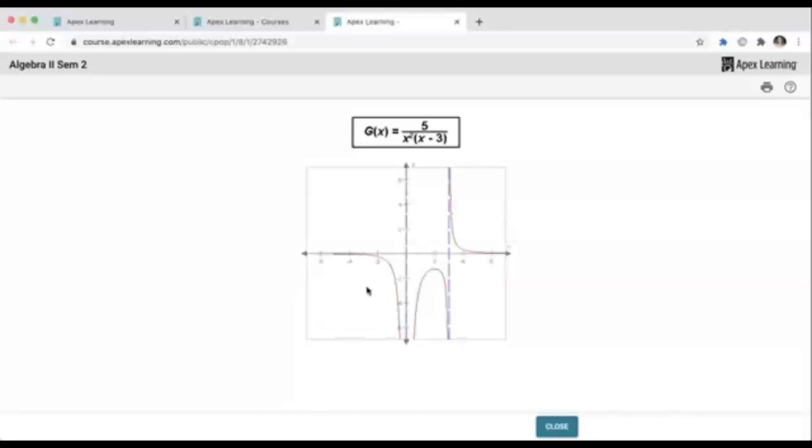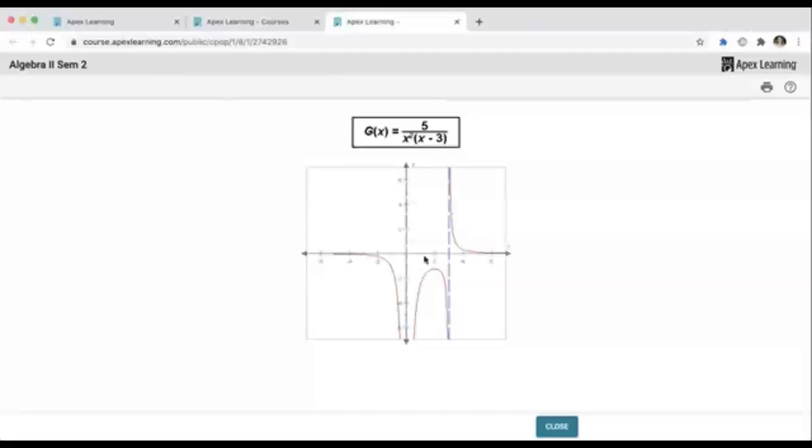But again, the shape of this graph is not going to be as obvious, or maybe it is to you, but to me it's not, right?